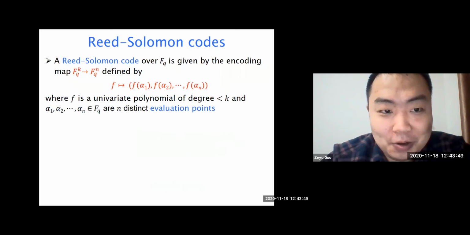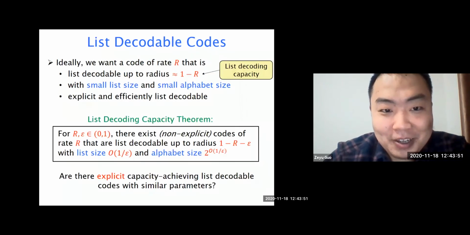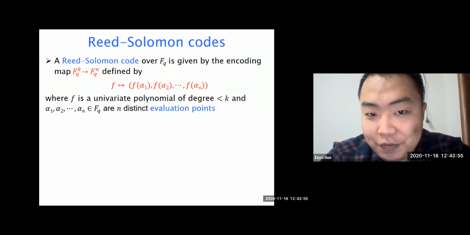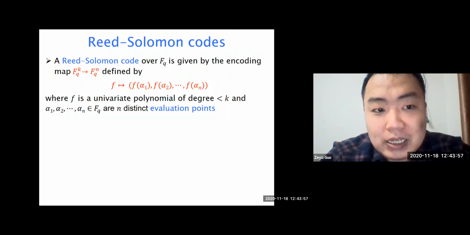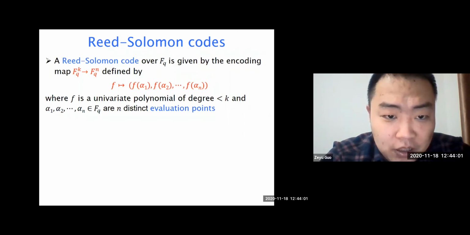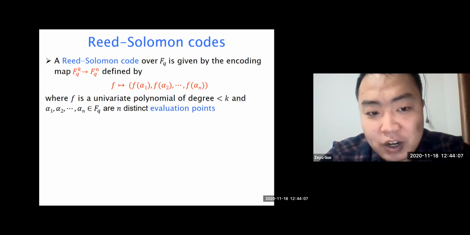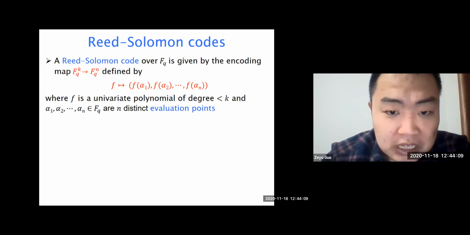Okay, so these are Reed-Solomon codes. In case you don't know, it's defined over a field Fq, and it's given by an encoding map that maps a polynomial f of degree less than k to a vector of evaluations at n distinct evaluation points from the field.